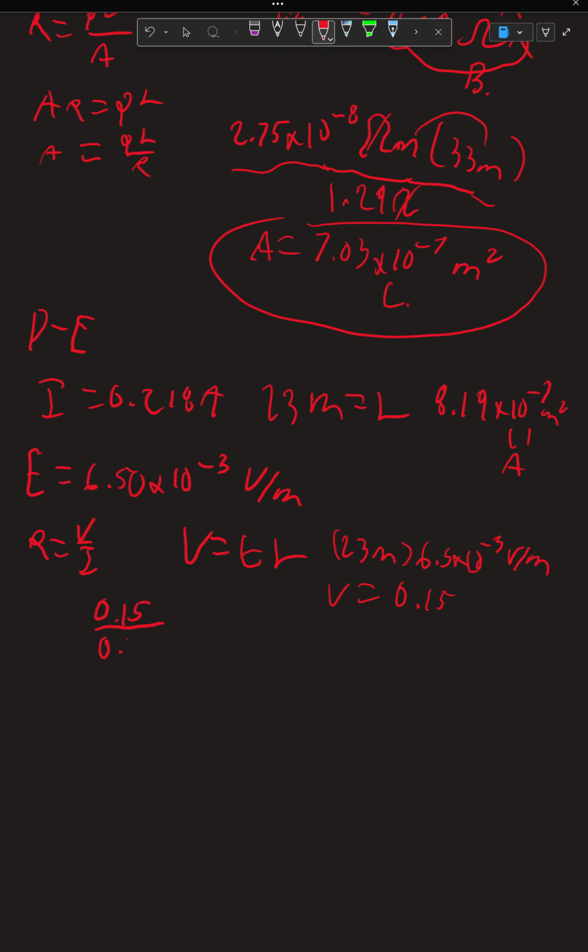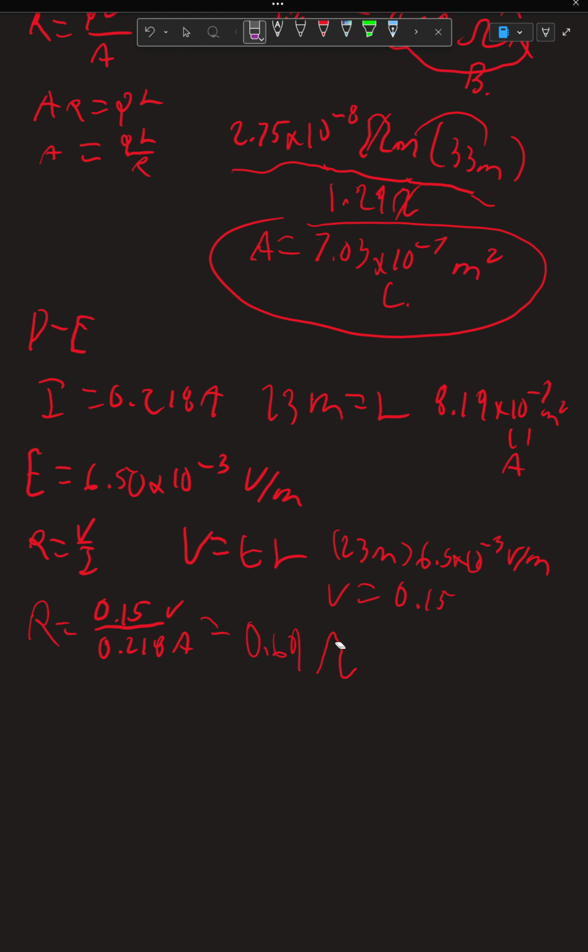That'd be 0.218 amps, which is going to equal 0.15 divided by 0.218, around 0.69 about. That's the resistance, ohms, about 0.69.